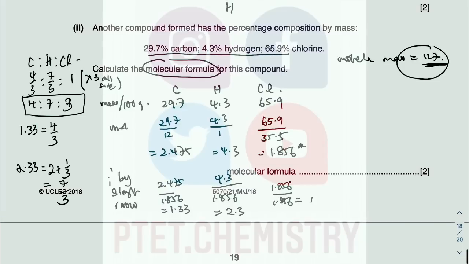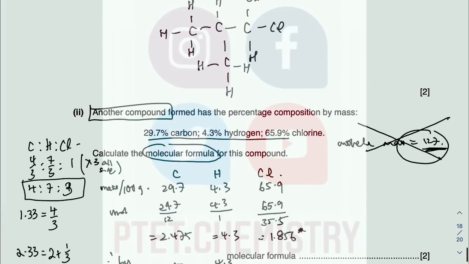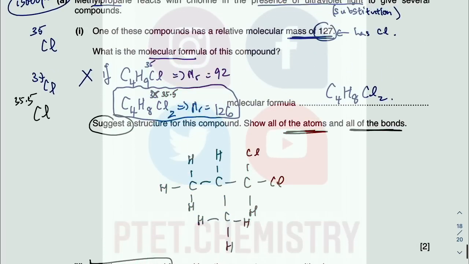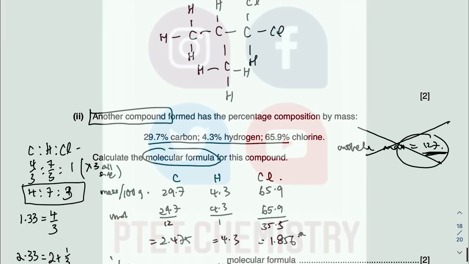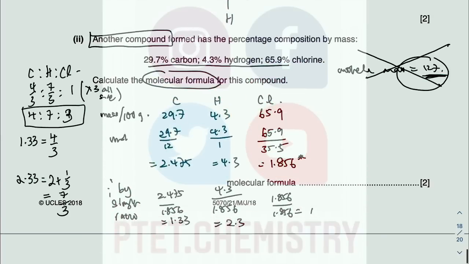Oh, I was wrong. They say another compound. So the molecular mass is not 127, because the 127 was one of these compounds. Actually, I read more carefully. It's another compound. So that is not 127, meaning I'm okay again.